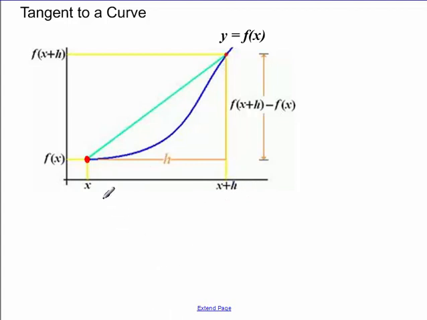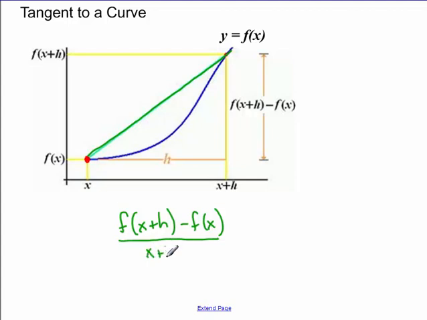So if I find the average rate of change of this secant line, it's what we just did, y2 minus y1 over x2 minus x1. This simplifies to f of x plus h minus f of x all over h.